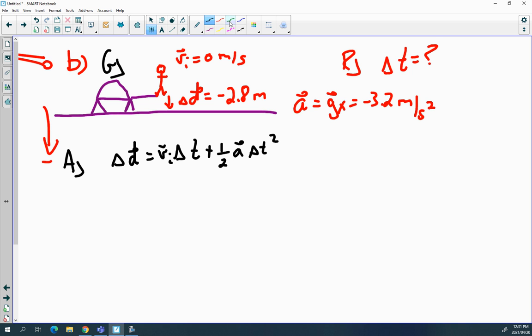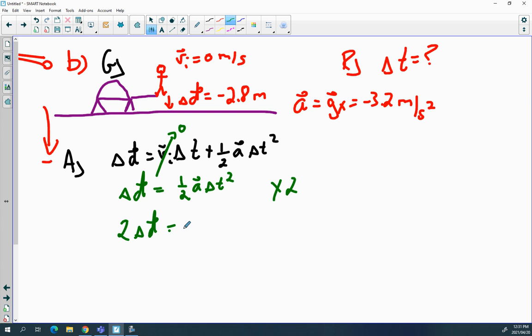Since initial velocity is 0, that whole term disappears, and we're left with half times the acceleration times delta t squared. We're going to multiply both sides by 2, which will lead us to this.